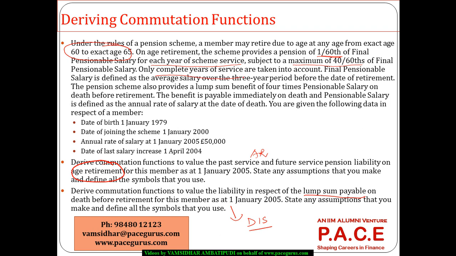Only complete years of service are taken into account. And we are defining the final pensionable salary as the average salary over the 3-year period before the date of retirement.